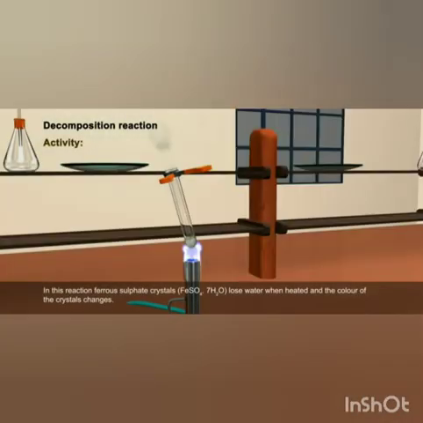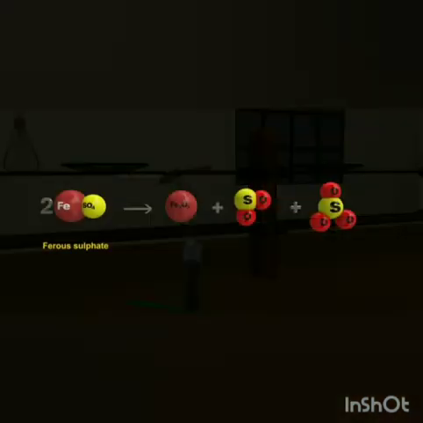In this reaction, ferrous sulfate crystals, FeSO4.7H2O, lose water when heated, and the color of the crystals changes. It decomposes to ferric oxide, Fe2O3, sulfur dioxide, SO2, and sulfur trioxide, SO3.